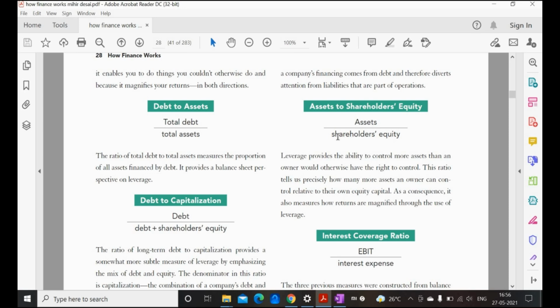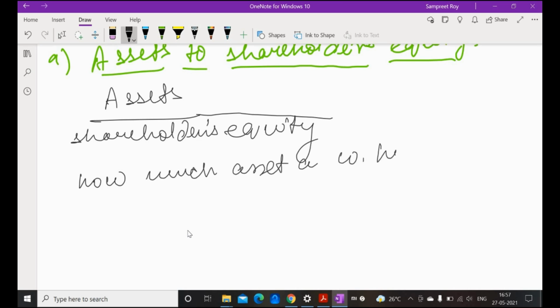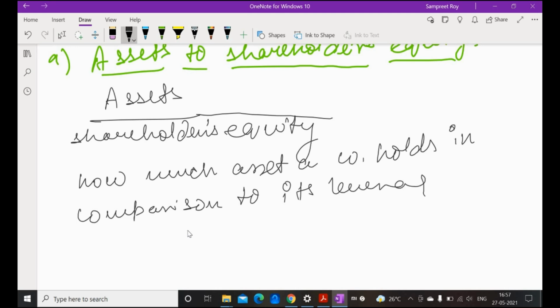So what does this assets to shareholders equity mean? It means how much asset a company holds in comparison to its leverage, right?